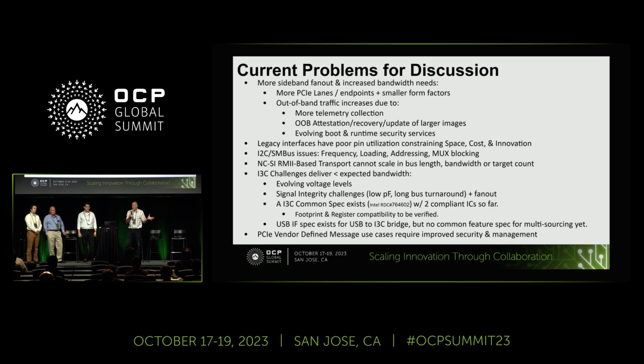So in general, I'm not going to talk to each of these problems, but as I talked about with AI, the world's moving on here, and we've had a lot of legacy interfaces that worked great for their day, but more bandwidth is needed. All kinds of telemetry is being collected from all these various peripherals. So you need bandwidth, you need more fan out. And the question is, do we change some of these legacy interfaces, which is difficult, obviously, because you've got a lot of people depending on it.